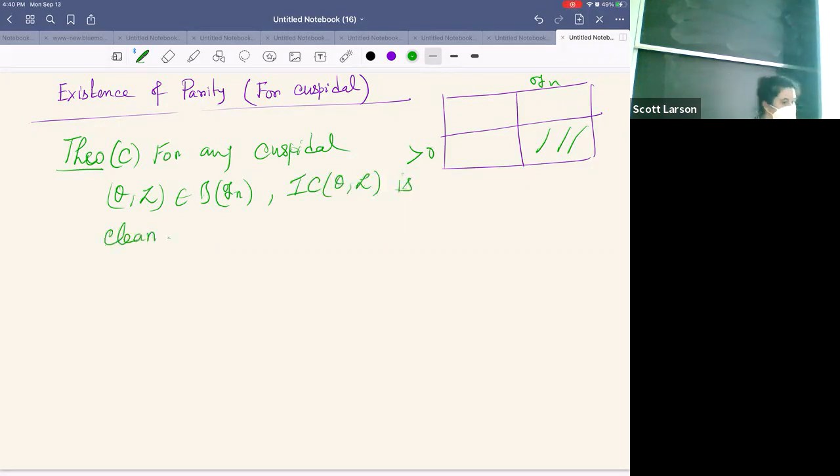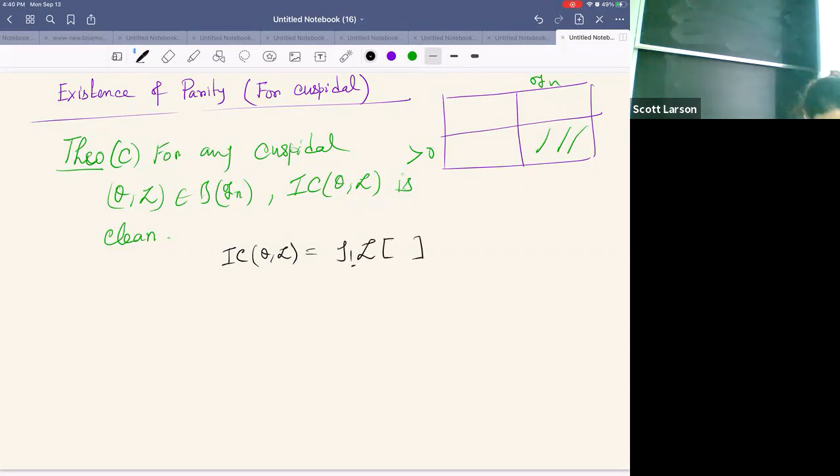So for any cuspidal, the associated IC is clean, and the immediate corollary is this: once it is clean, this IC of (O, L) is the pushforward of the local system with some shift.